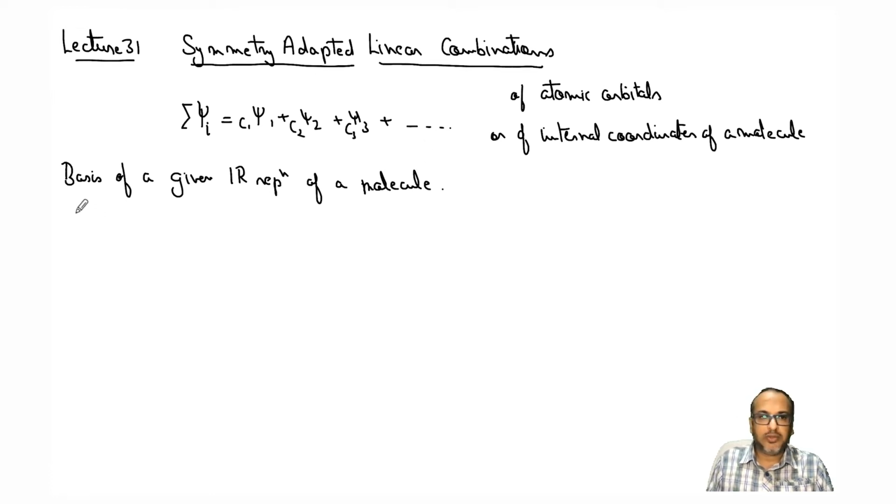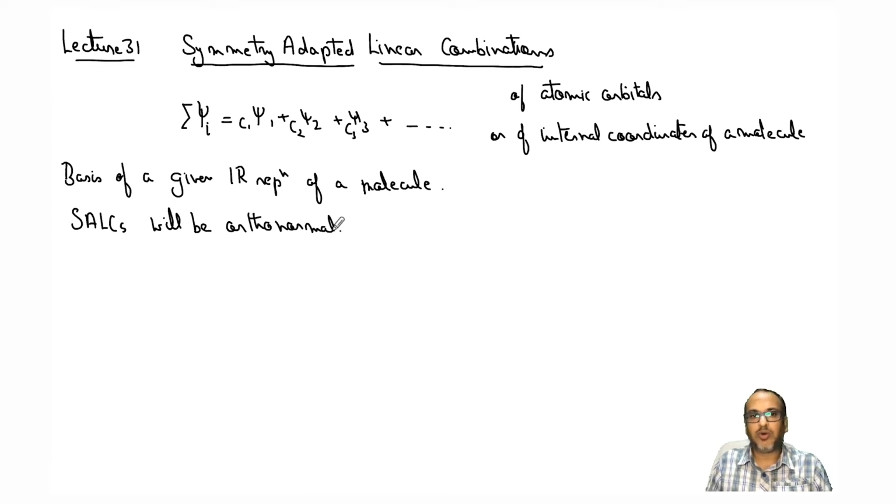right? So in short, we can say SALCs will be orthonormal. That's how we will construct them. So we will choose the orthonormal combinations. What is the advantage of this?